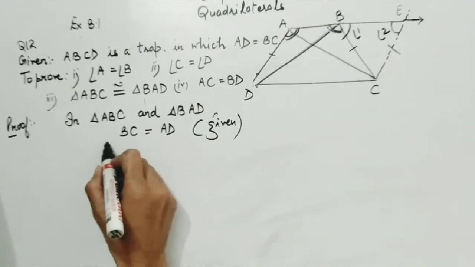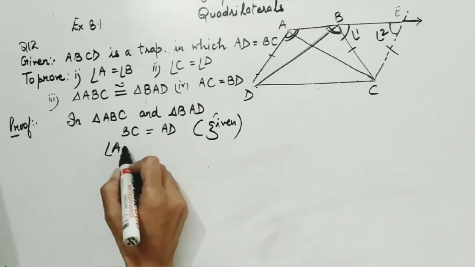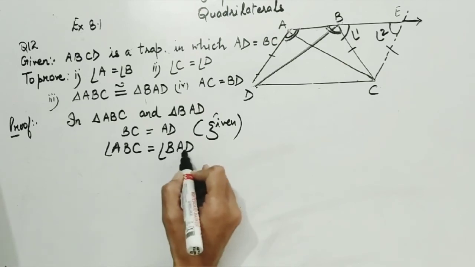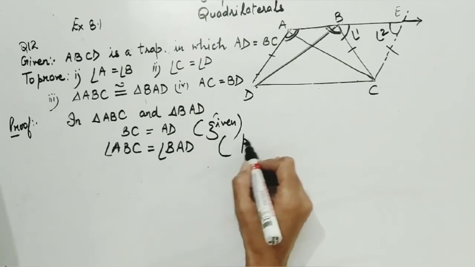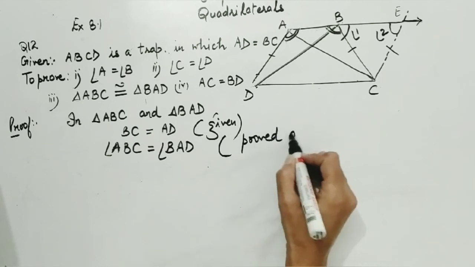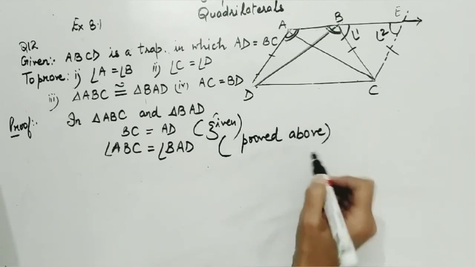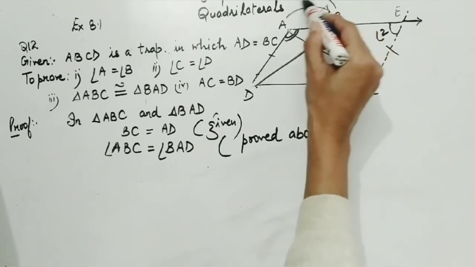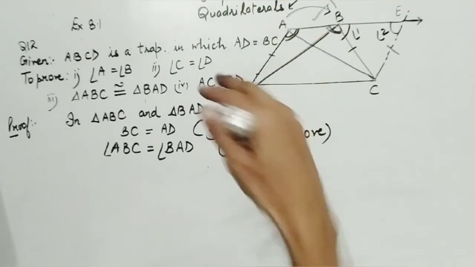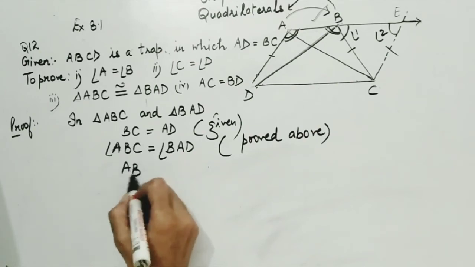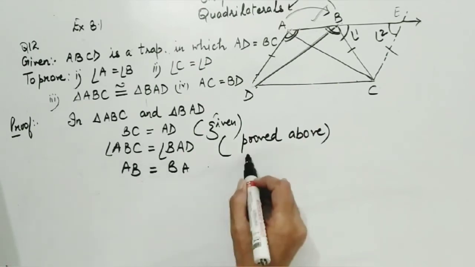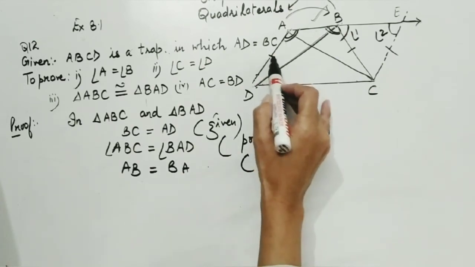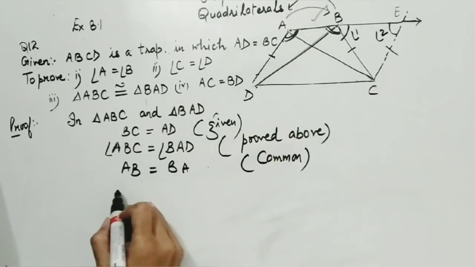So let's write ABC is equal to BAD. This is proved above. And one thing more, this is a common side. AB is equal to BA because it would flip itself. AB is equal to BA. This is common. Rule is side, angle, side.